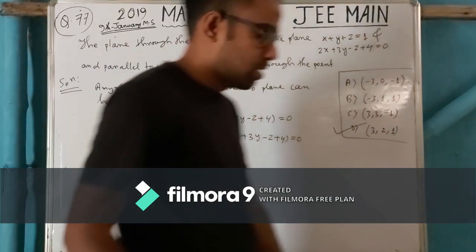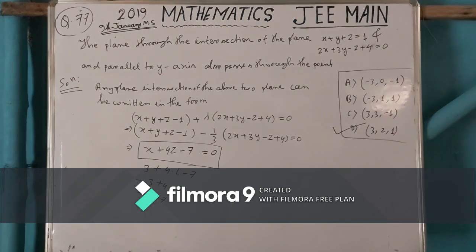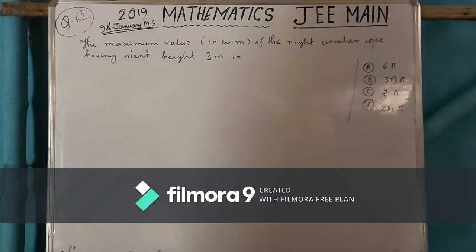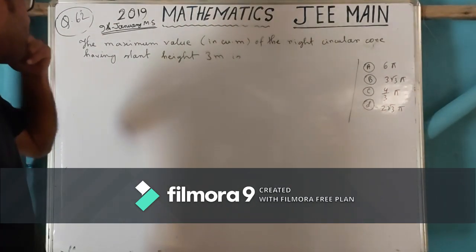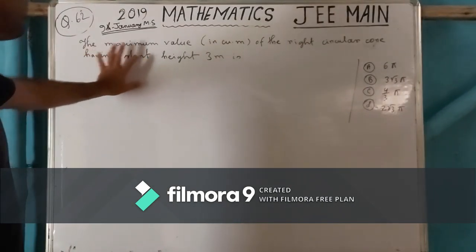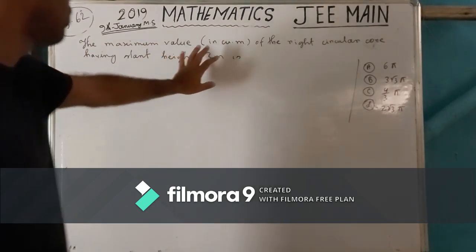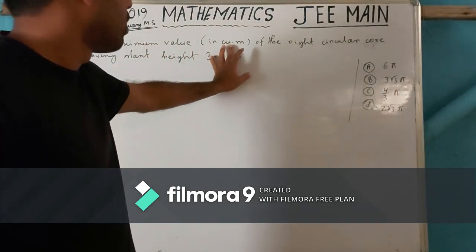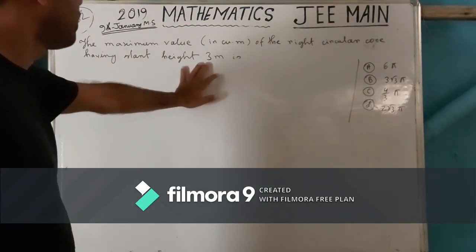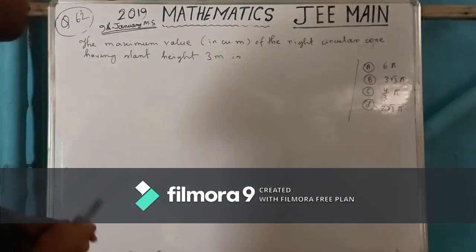And the next problem, this is the last problem for the day. So the question: the maximum volume in cubic meter of the right circular cone having slant height 3 meter.